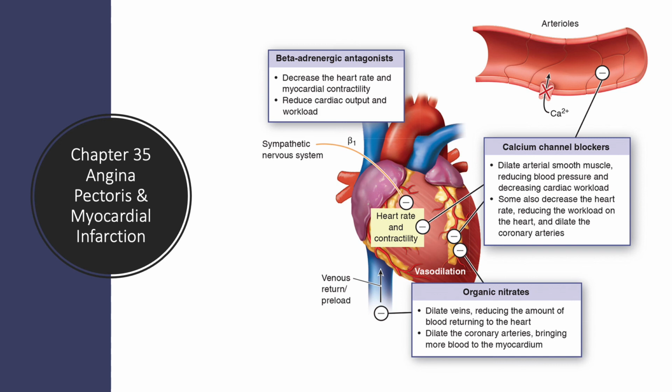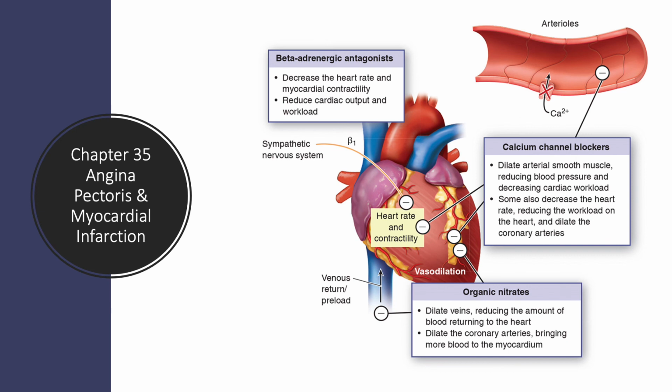Okay, and beta blockers do this. So they reduce heart rate and they reduce myocardial contractility. And by doing that, heart rate and contractility, they're going to start to reduce cardiac output and the workload of the heart, so they won't require as much oxygen.